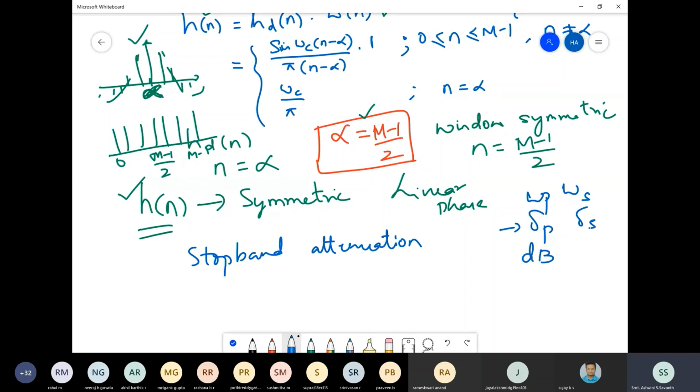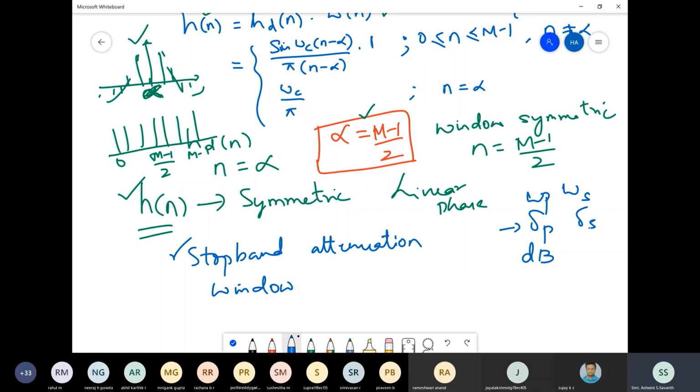So based on the stop band attenuation that is given to you, you have to select the window function. So far we have just talked about the rectangular window, but rectangular window is not the only option. We have other windows also like Hamming window, Hanning window, Bartlett window, and there are various others also, Blackman window, Kaiser window, all that is there.